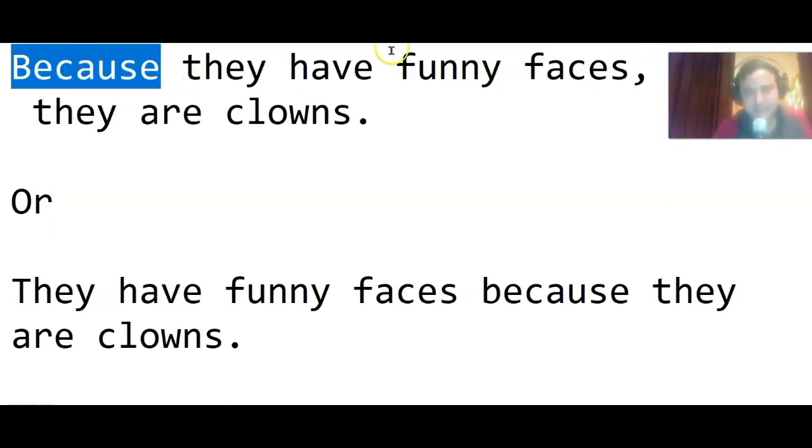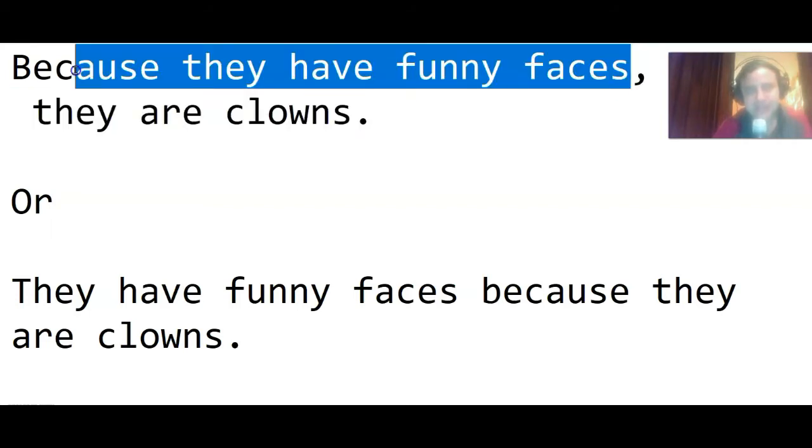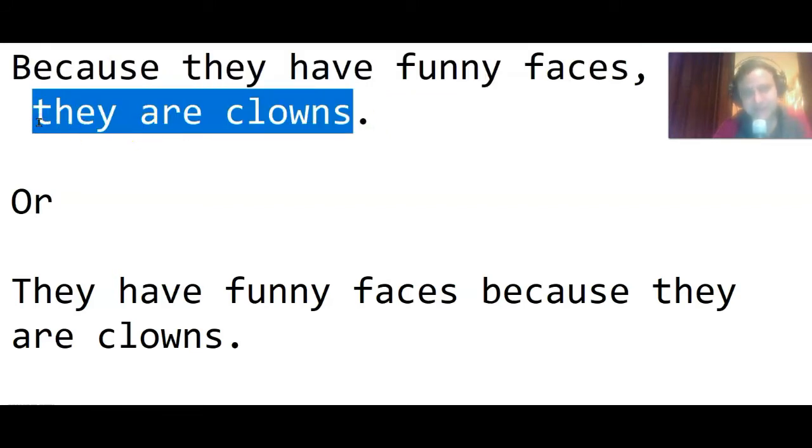If we start a sentence with because, we generally use a comma to separate one clause from another. In this case, separating the dependent clause, because they have funny faces, from the independent clause, they are clowns. They are clowns can stand alone.